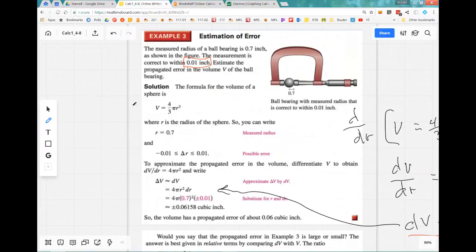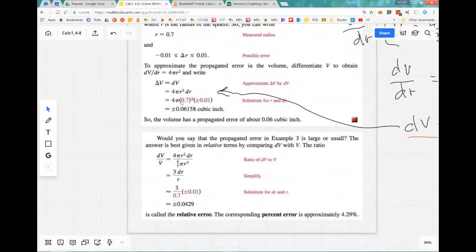That's our dr, the differential in the radius. And when you solve all of that, you get plus or minus 0.06 cubic inch. So the volume has a propagated error of approximately 0.06.